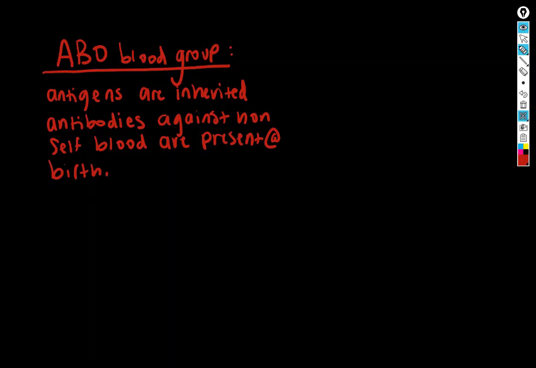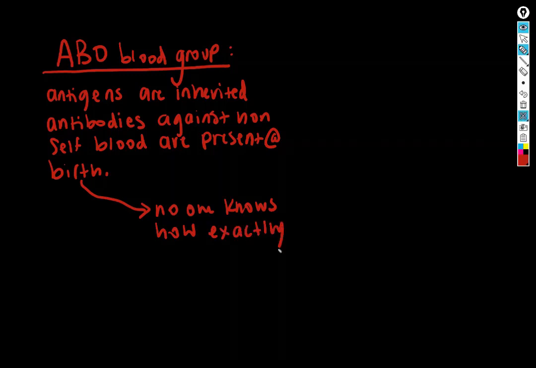Now, interestingly, I was asked this by a student a couple years ago: how are the antibodies present at birth if you needed an exposure event to make antibodies against something? And that's a great question. The answer was, at that time, gosh, I don't know.